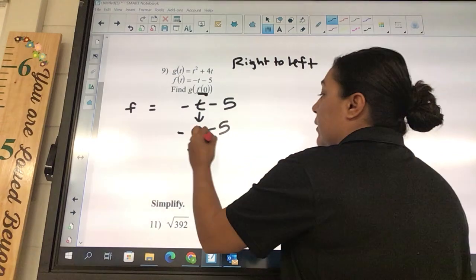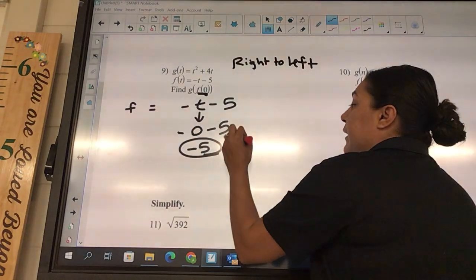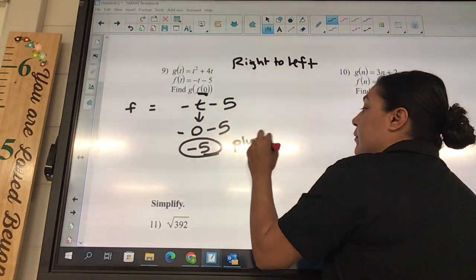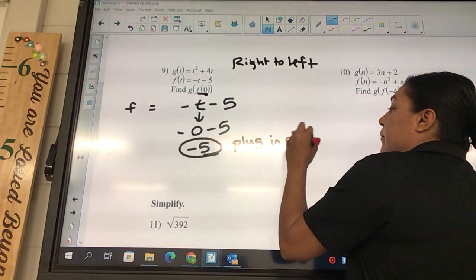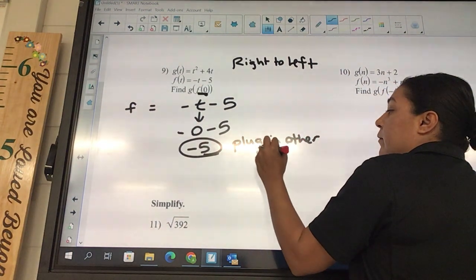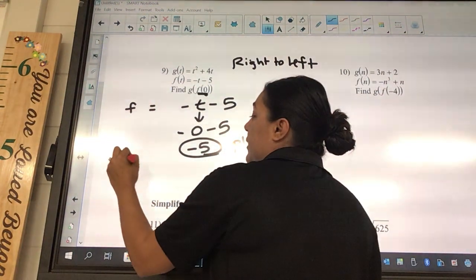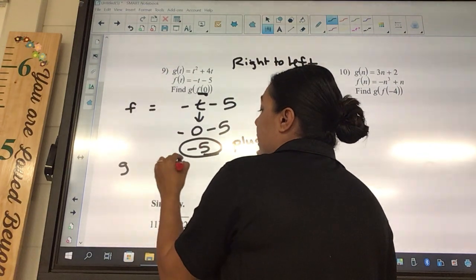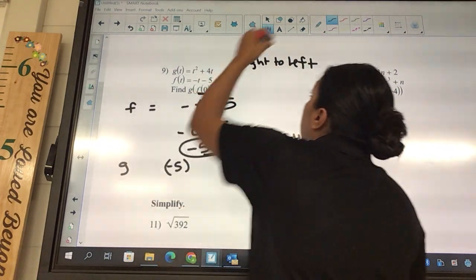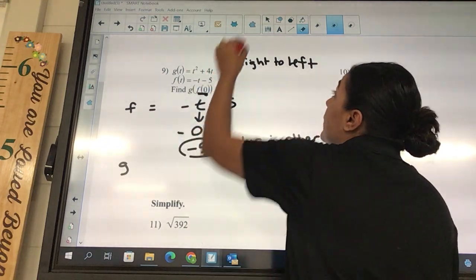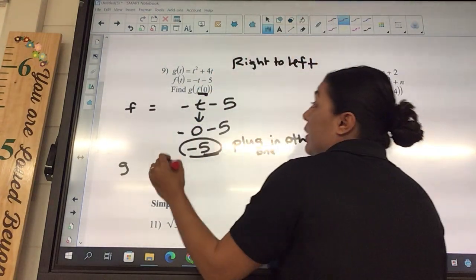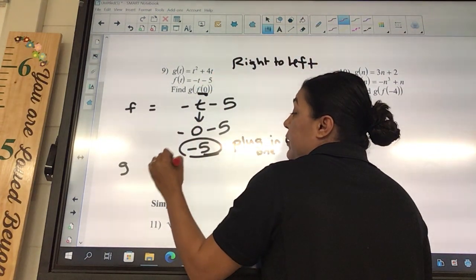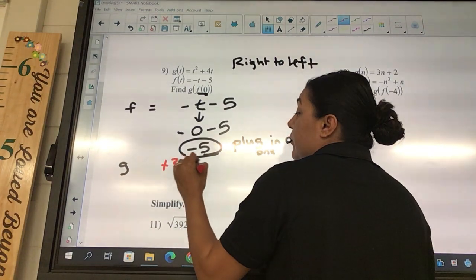Negative 5. Okay, now you're going to take this and plug into the other one, which so happens to be G. Okay, so you're going to have negative 5. Actually, I'm going to write the equation out: t squared plus 4t.